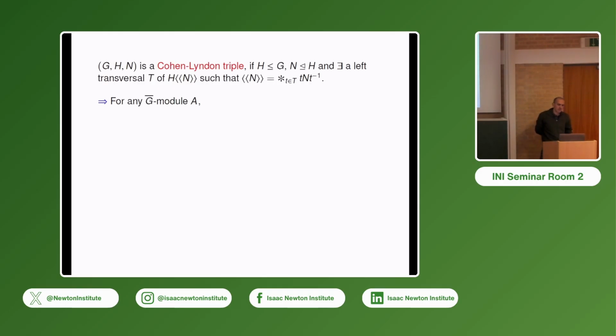So if you take any G bar module A, say ZG bar, so it's a module over the group ring of G bar, I can write down the cohomology of the normal closure of N with coefficients in A. And I know by the Cohen-Lyndon property it's a free product, so I just substitute. I use the fact that it's a free product. I can write it as a product, which is just not saying much.